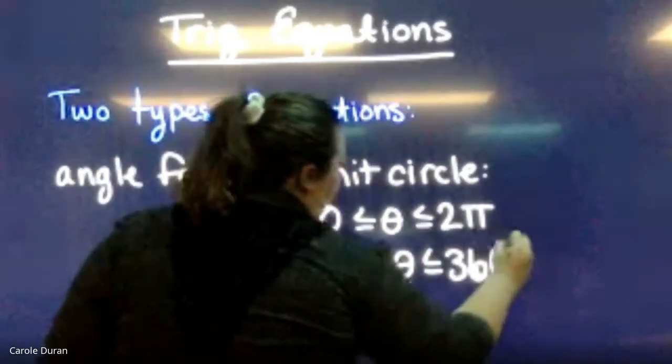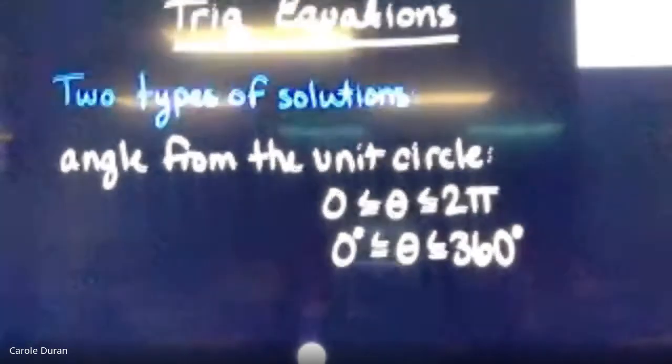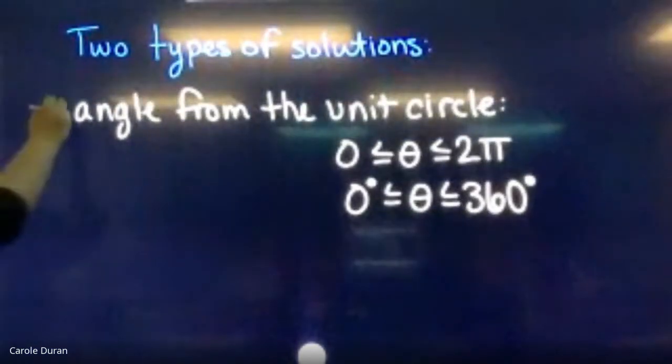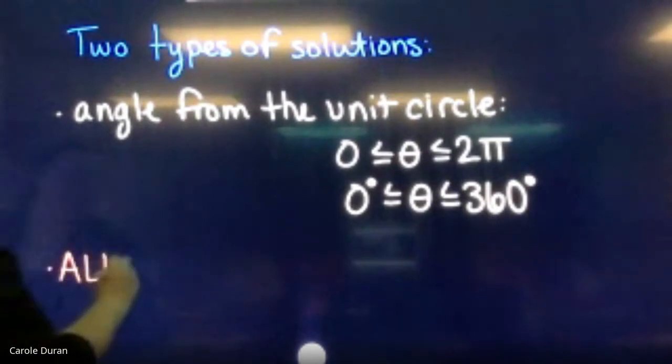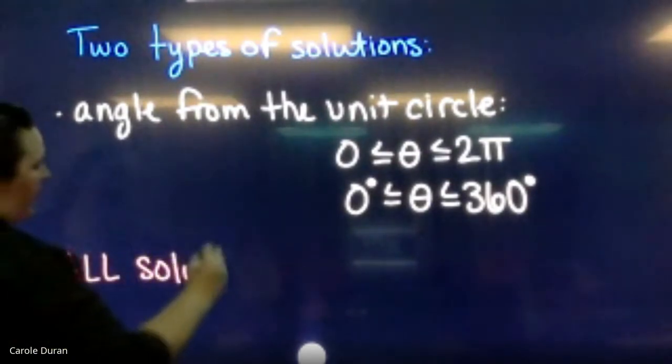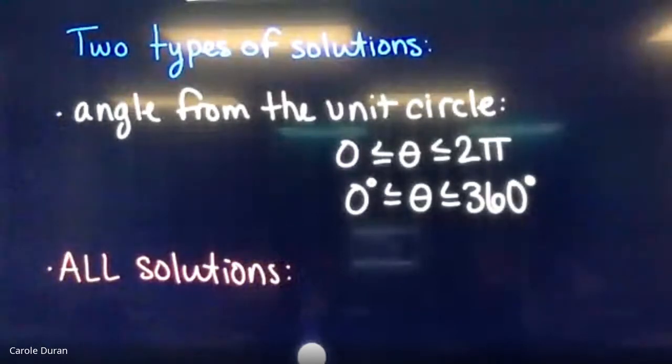For the purpose of your homework, you'll be solving in radian measures, but it is possible to solve for degree measure angles as well. The second type of solution that we can have is all solutions. When I say all solutions, I mean every possible angle that could ever potentially exist that solves this equation.